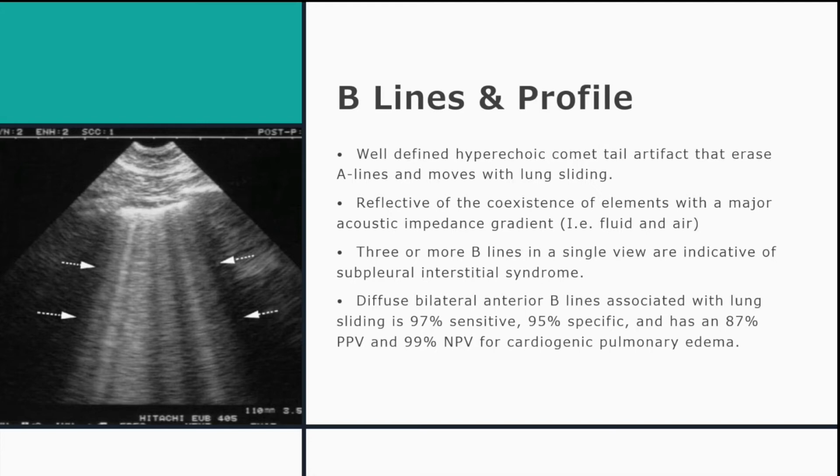in the ultrasound. They're reflective of elements that have acoustic impedance gradients with the air within the lungs. So a great example is fluid. And if you have 3 or more of these in a single ultrasound view, although some people will say you need 3 views, if you have 3 or more of these, it can be diagnostic of cardiogenic pulmonary edema.